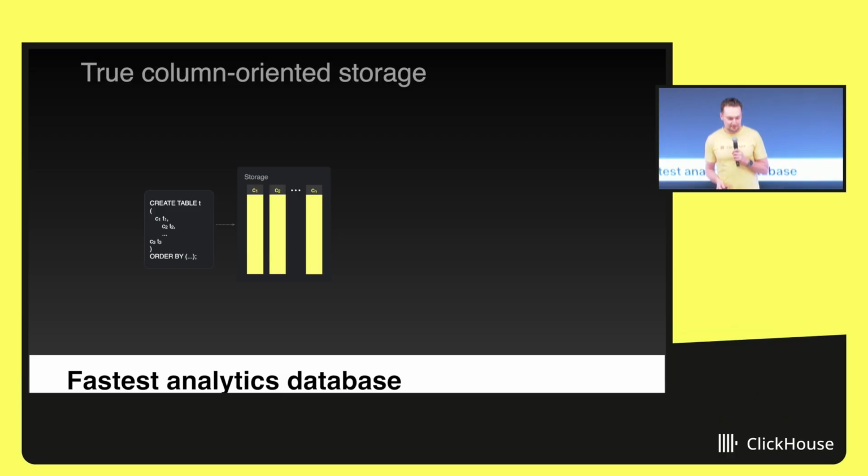First of all, it has true column-oriented storage. So when we create a table, like in this example, with a few columns, the columns will be stored separately in separate files on disk, typically.